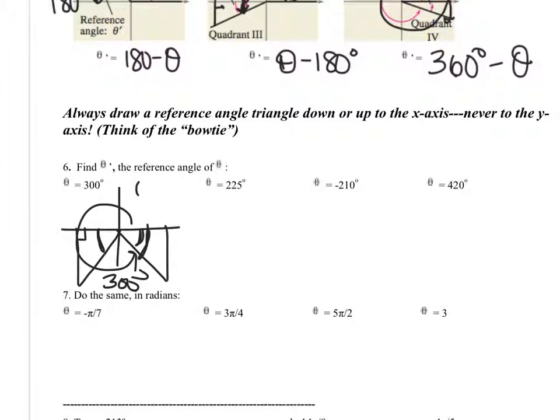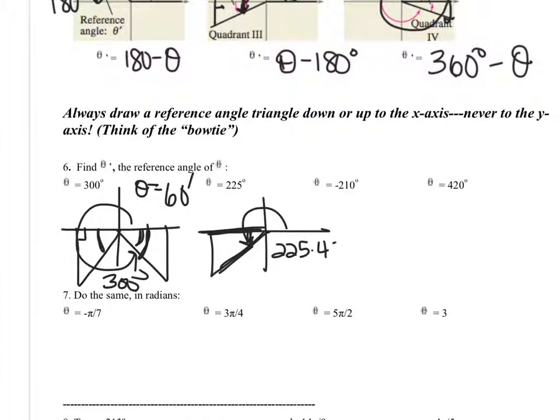The reference angle theta would be 60, because 60 is left over. How about for 225? That's better. That's over here. If this whole angle is 225, what is the acute angle formed by this line and the x-axis? That's going to be 225 minus 180, which is 45 degrees.